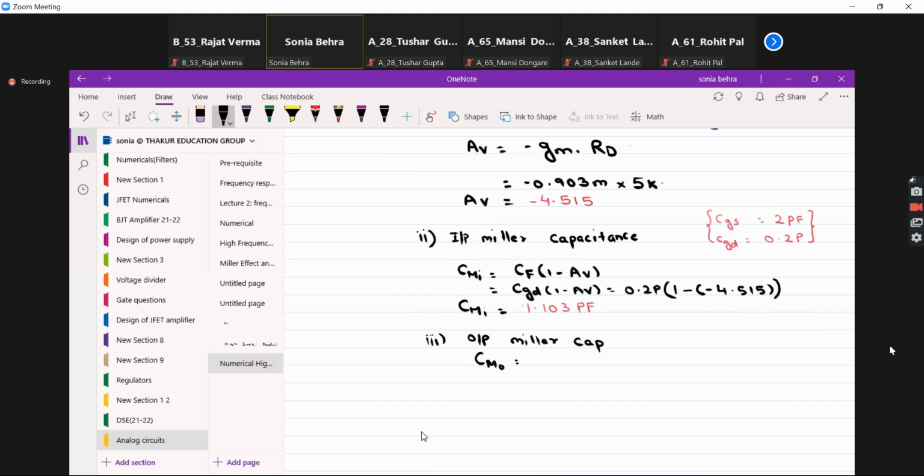CMO is equal to CF into 1 minus 1 by AB, so it will be equal to 0.2 pico, I'm directly putting the value now, into 1 plus 1 by 4.515. Give me this CMO value.